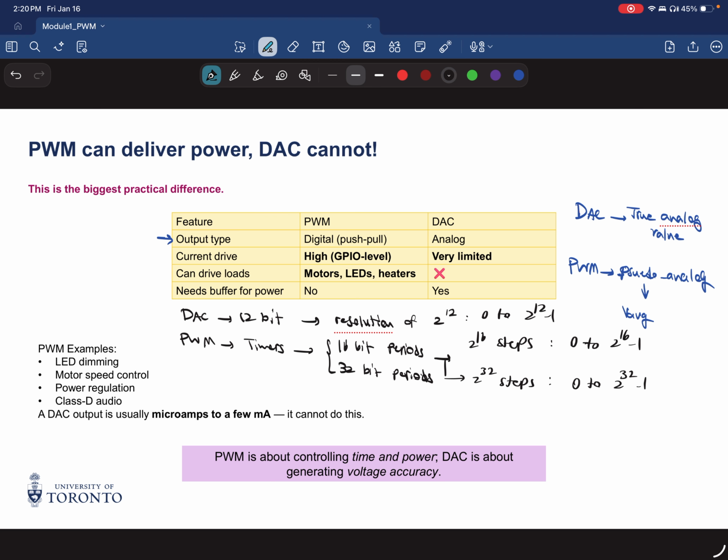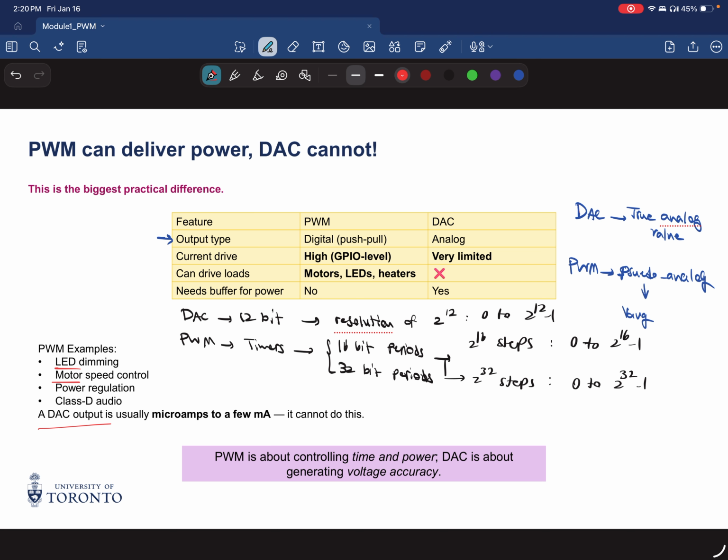Another important part, which is the most important one, is that a DAC output is usually microamps. It can't drive loads like an LED or a motor or a speaker. It can't do those things. But PWM can.